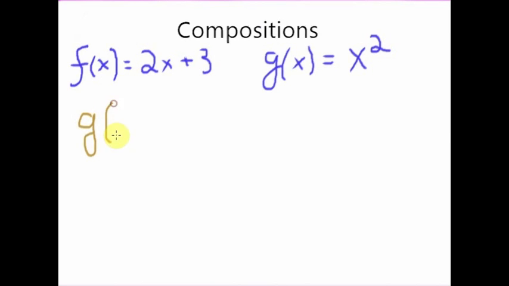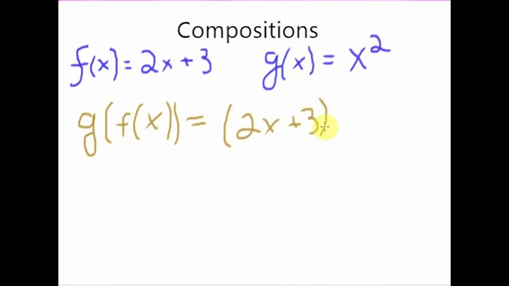When we do the composition of g of f of x, we get a completely different answer. So this time we're plugging f of x, which is 2x plus 3, into the g of x equation, which is x squared. So we get (2x plus 3) squared.